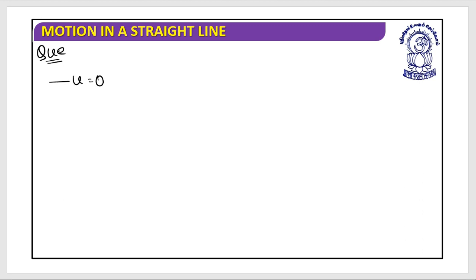Let's say an object has been dropped. There are two locations. This is A, this is B, and the object seems to be here, at point A, when it has been traveling for time t1, and the object seems to be at point B at time t2 from the beginning.